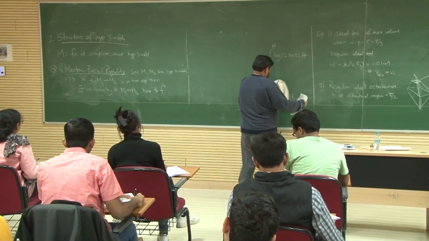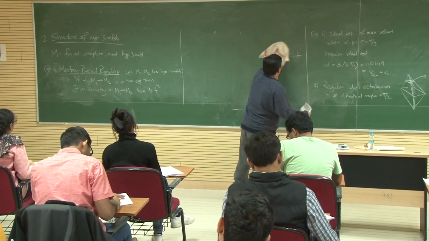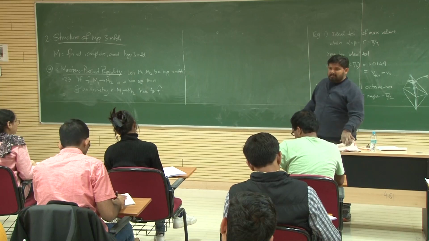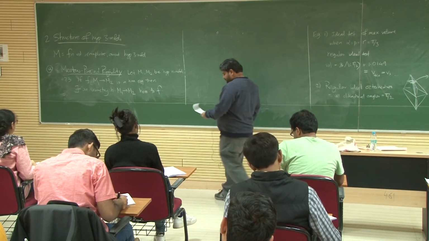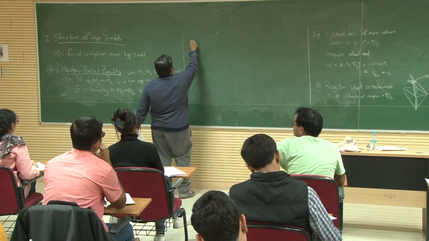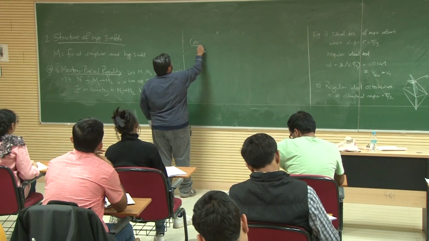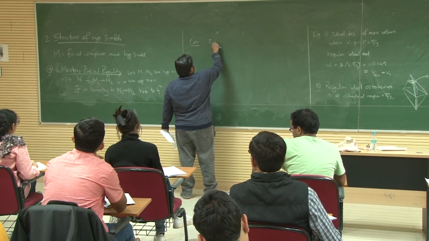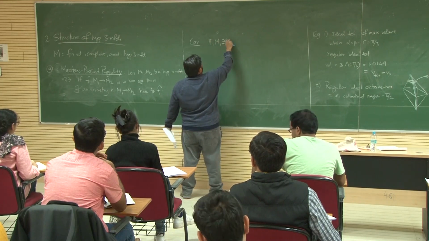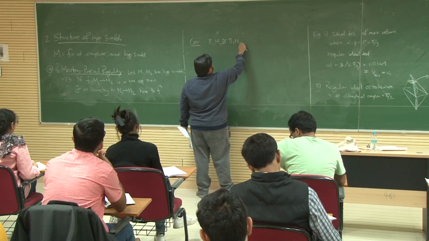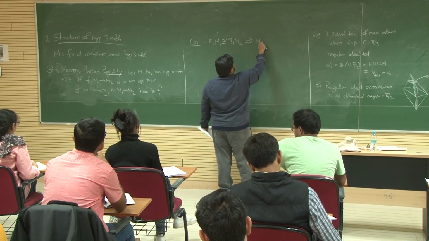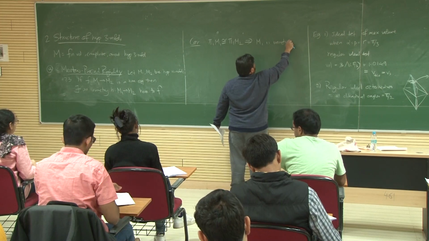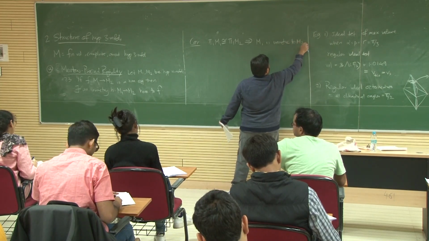So it immediately gives you that topology implies geometry. The first corollary of this is that if you have isomorphic pi 1s, then M1 is isometric to M2.